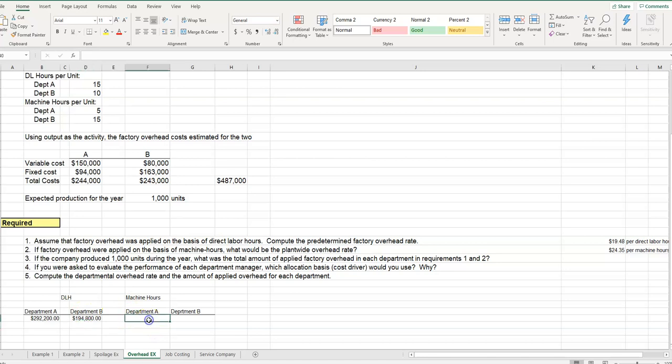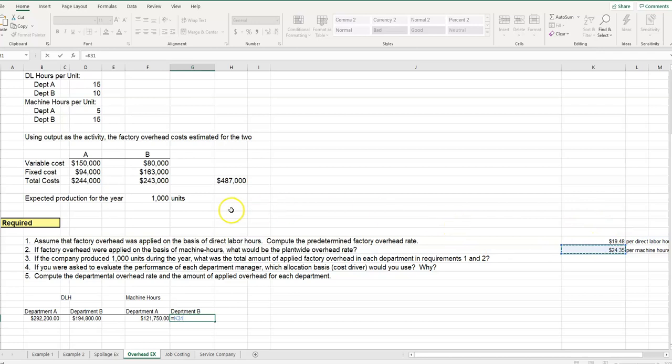If we're using machine hours instead, we would take our rate of $24.35 times 5 machine hours per unit times 1,000 units for Department A. And for Department B, we take our $24.35 per machine hour times 15 machine hours per unit times 1,000 units.